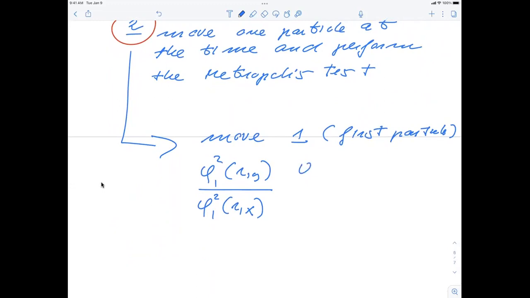So in the other, I would have a psi 2, and this would be an R2 in a new position, squared, and this is the same as before. So this is actually the position which we had. So I would have a psi 2 of R2 in x.